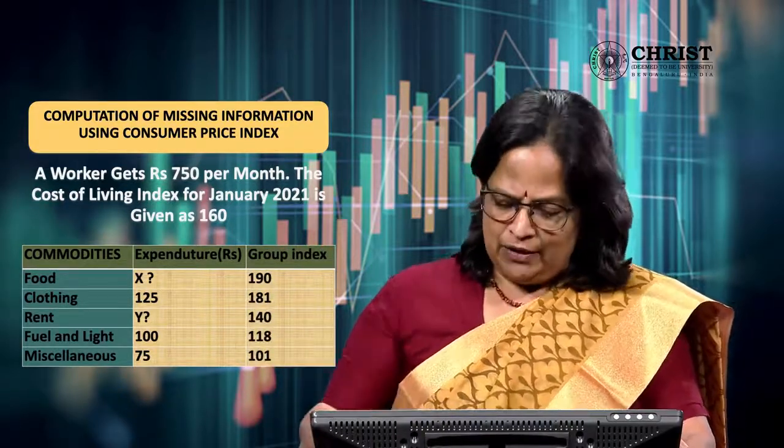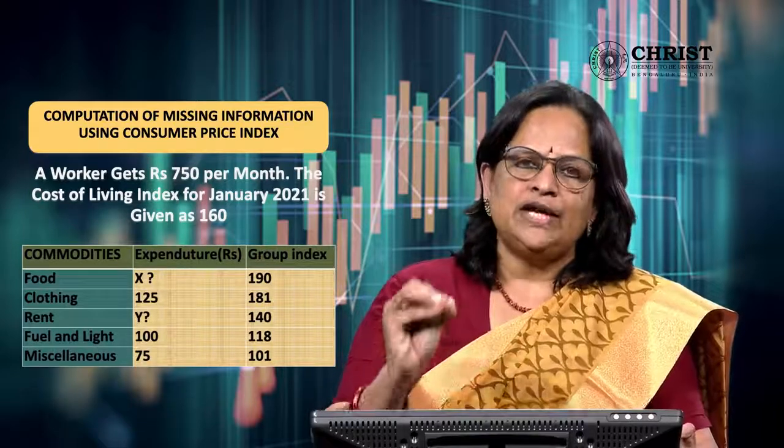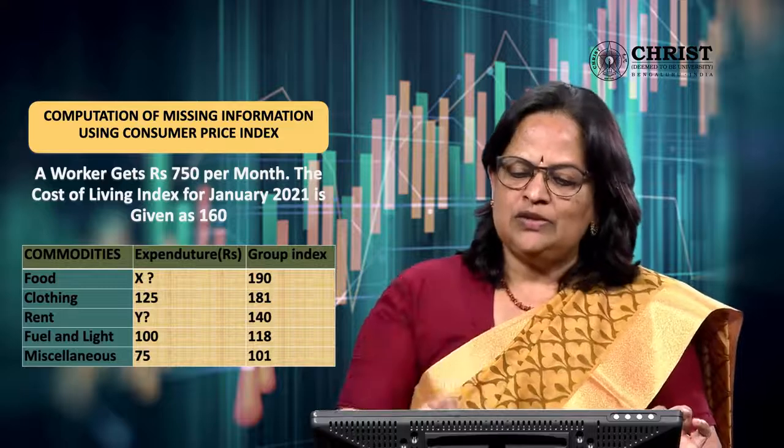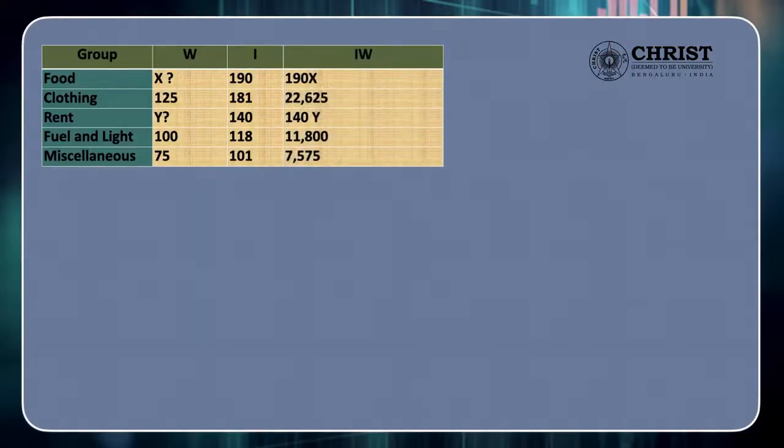Expenditure on food is denoted as X and the rent is denoted as Y. Now the values of W, index values and IW values are there. When you take the total, 42,000 plus 190x plus 140y, that is sigma IW. Sigma W total is 300 plus x plus y. This is also an important information we are going to use.